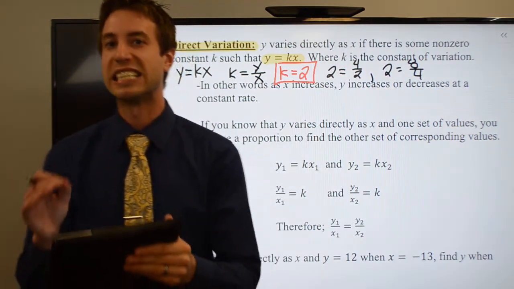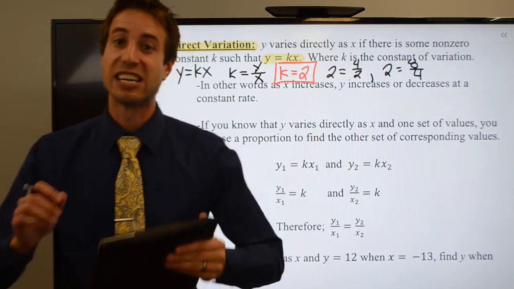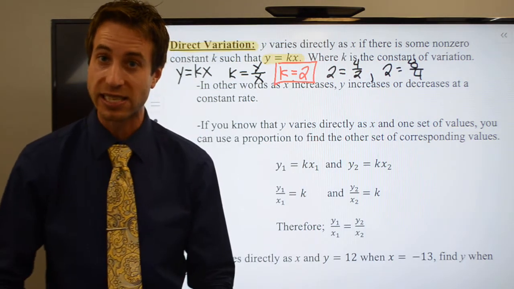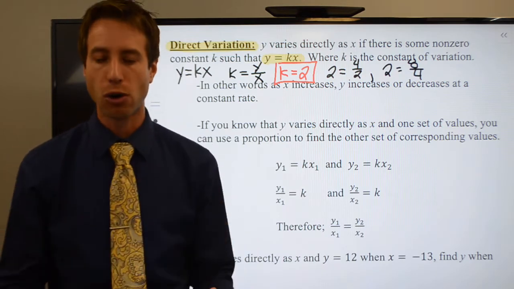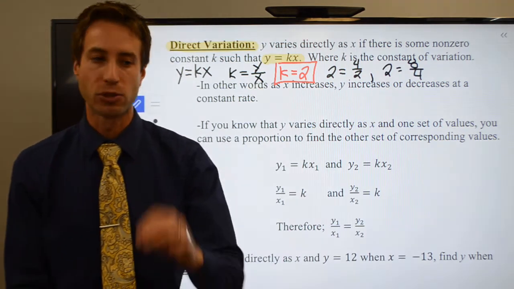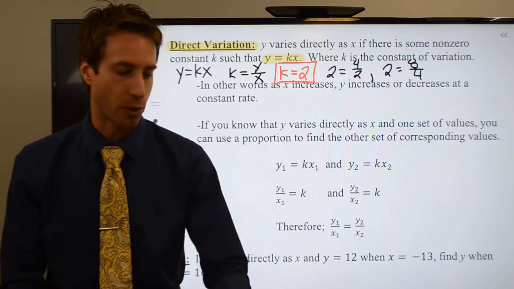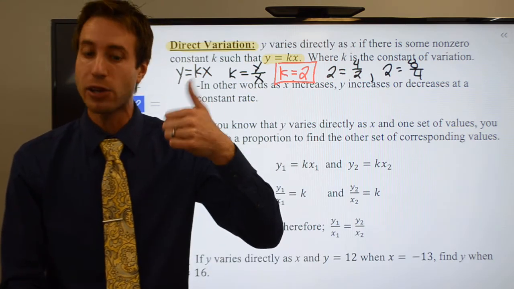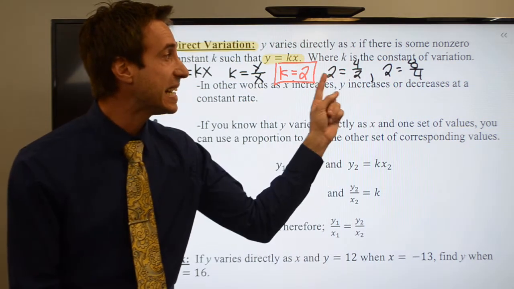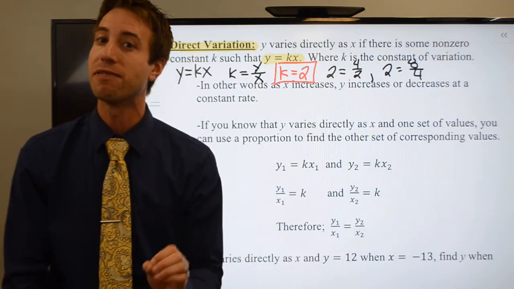The reason we call it direct variation is because as y increases or decreases, x must also increase or decrease. Both variables must go the same way. They both have to go up in value, or they both have to go down in value, so that we maintain that constant of variation too.